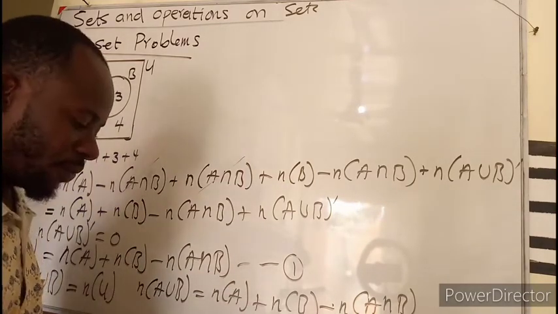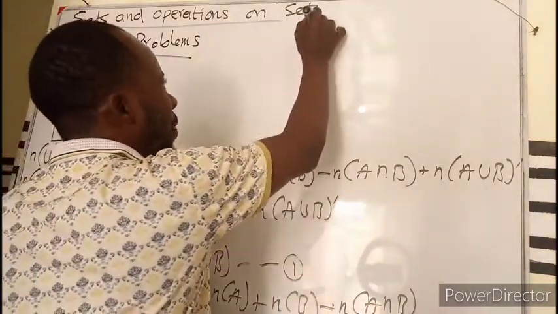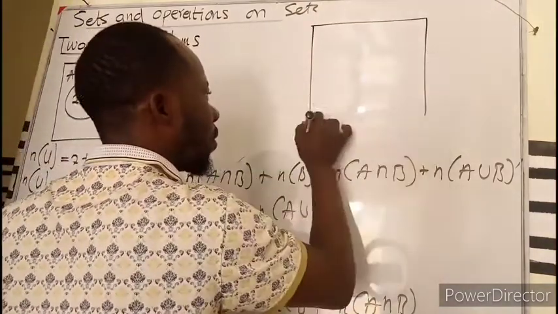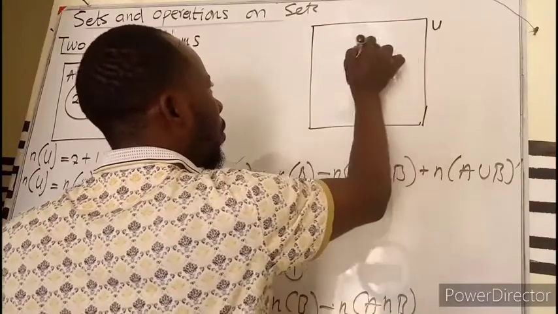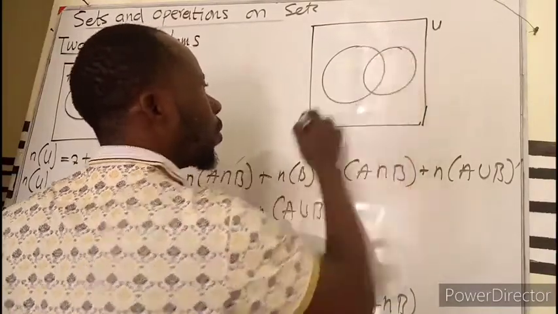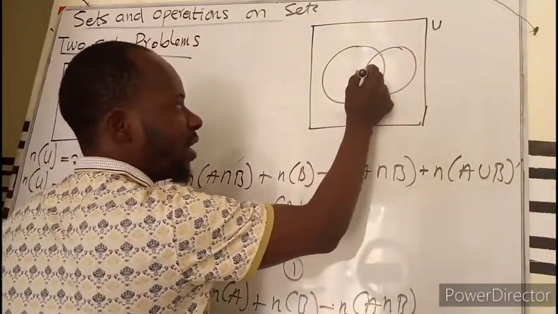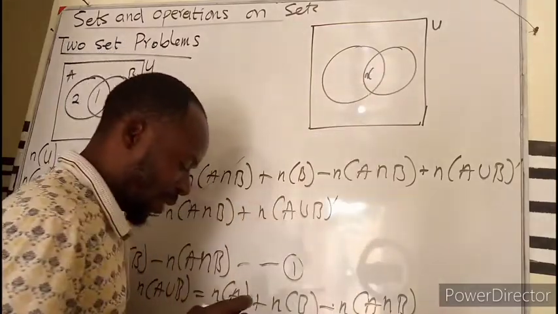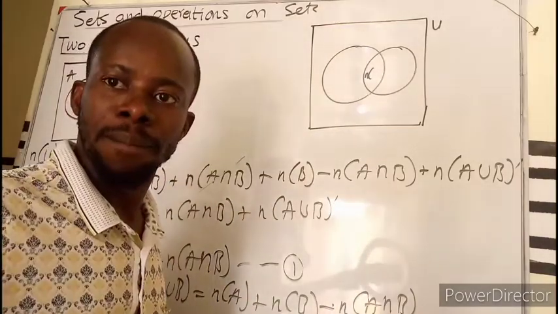Now, what if we redraw this diagram? We know this is going to be A. Let me draw it a bit bigger.